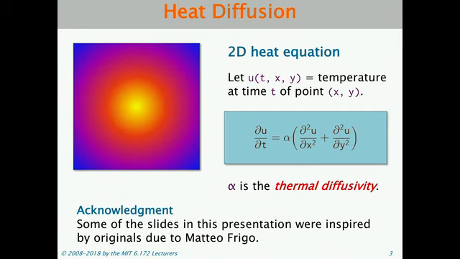It's a constant times the sum of the second partial derivative of u with respect to x and the second partial derivative of u with respect to y. So this is a pretty famous equation. And you can see that we have a single derivative on the left side and a double derivative on the right side.